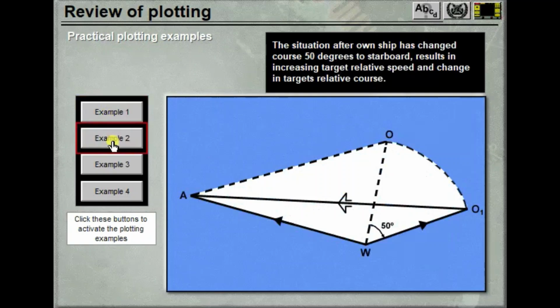The situation after own ship has changed course 50 degrees to starboard results in increasing target relative speed and a change in target's relative course.